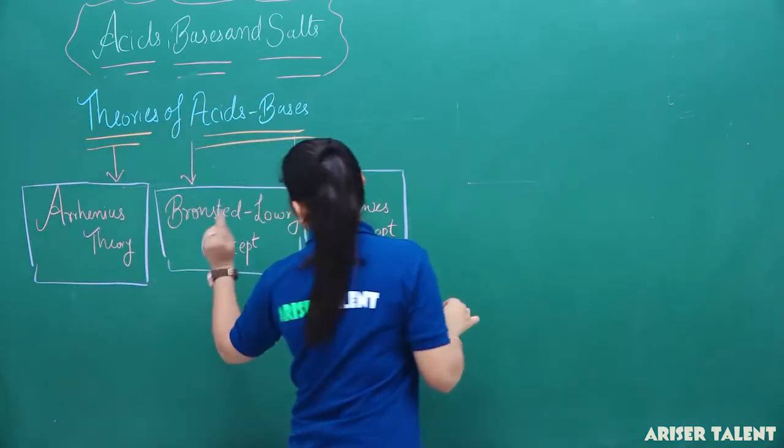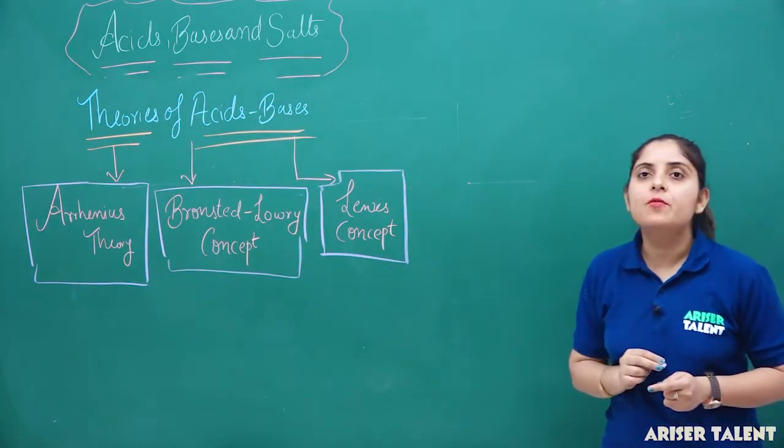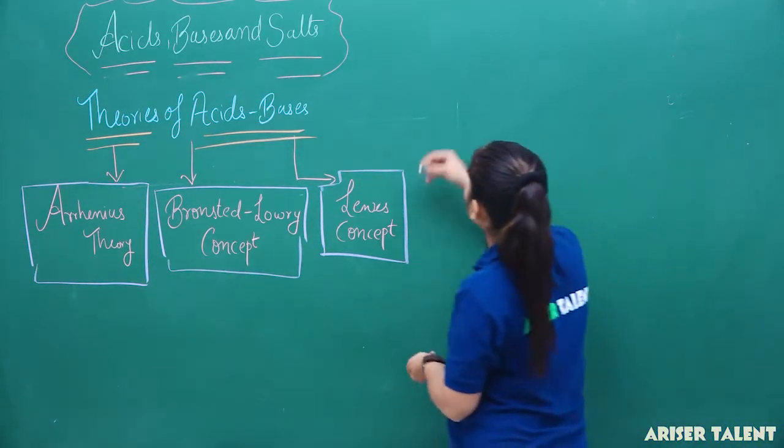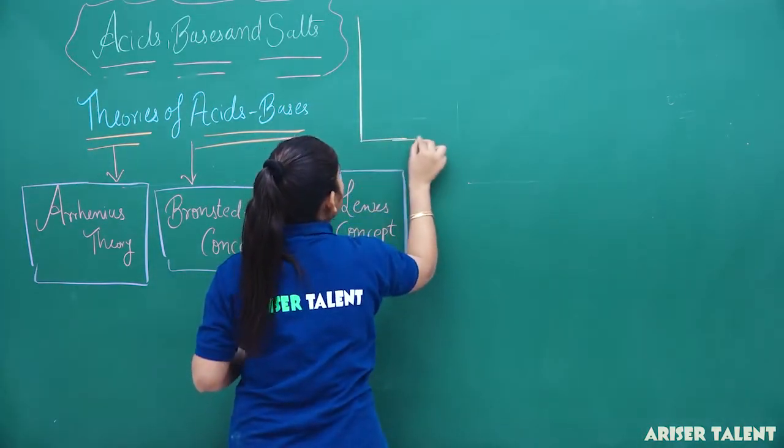Now we are on the first theory of acids and bases, the Arrhenius theory.